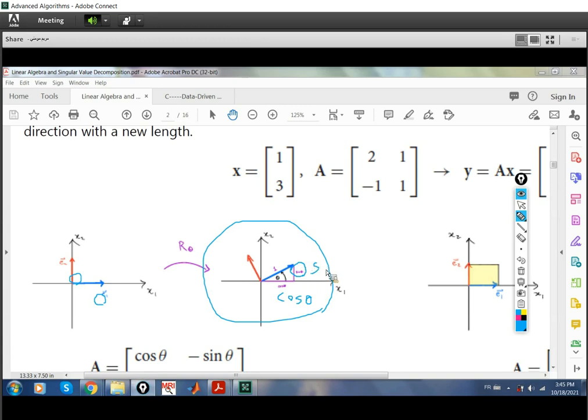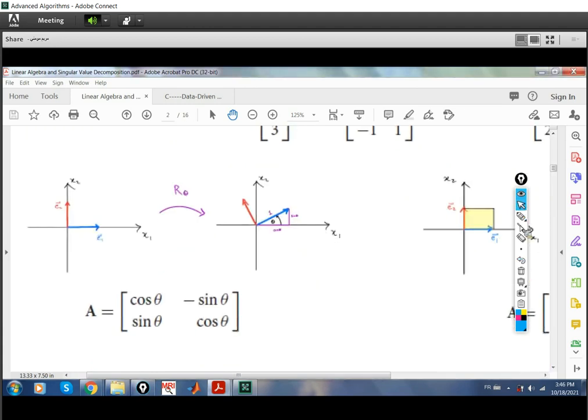Okay, the projection of this vector. Then, if we gather it in one matrix, we can write the rotation in this matrix. And for the red direction, it is minus sine theta and cosine theta.